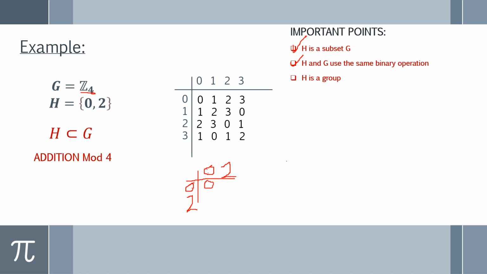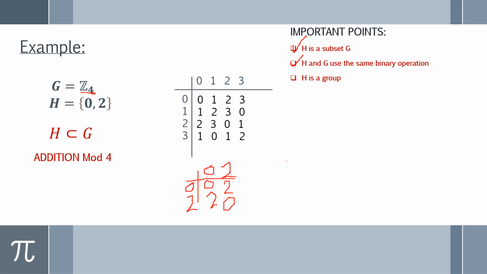Right here 0 plus 2 is 2. 2 plus 0 is 2. So this will be the table. 2 plus 2 is 4, and 4 mod 4 is 0. So in this case, you can say that both are using addition.